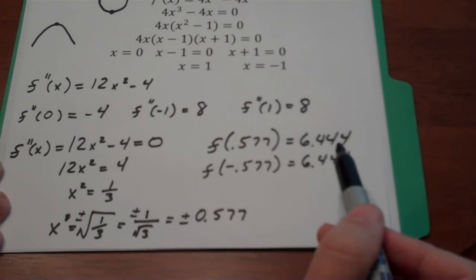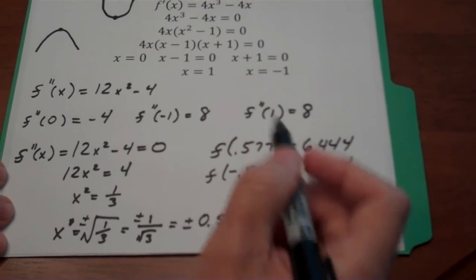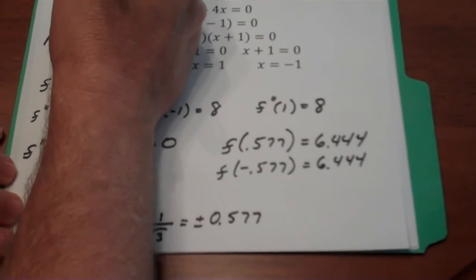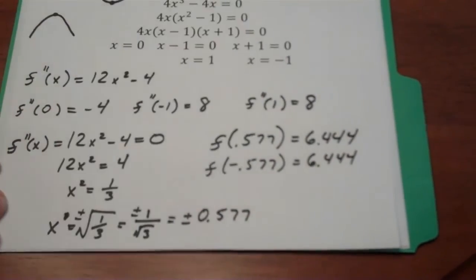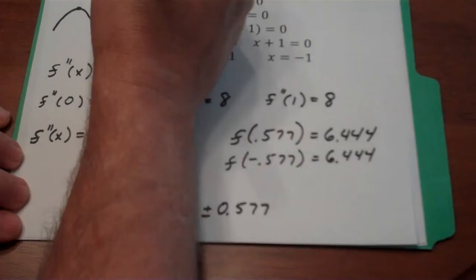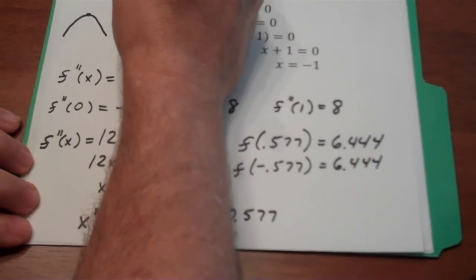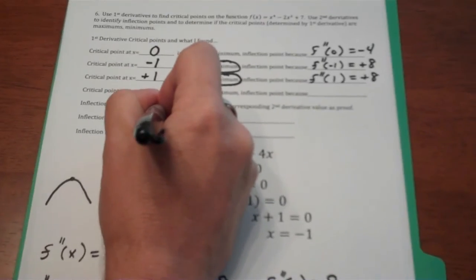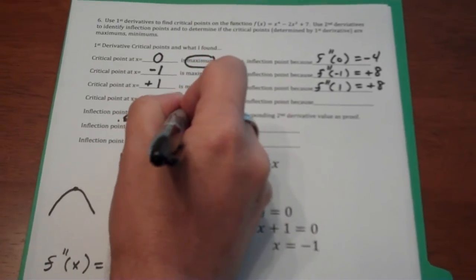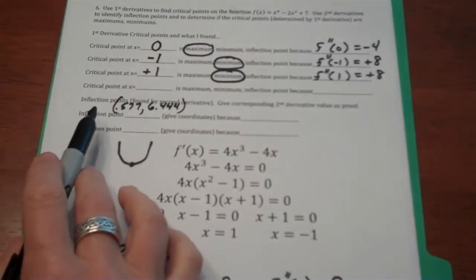So I know that I have an inflection point at positive 0.577, and I apologize that I did not make the blanks big enough to accommodate my large marker here. They will be large enough for you on your test. Don't have any worry about that. So I put my x and y coordinates so that I have the actual point.